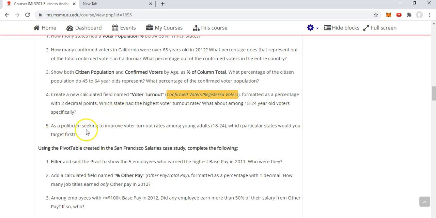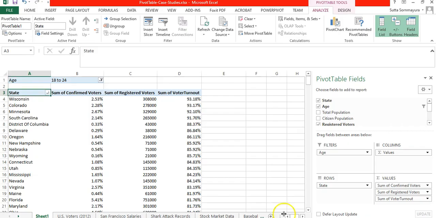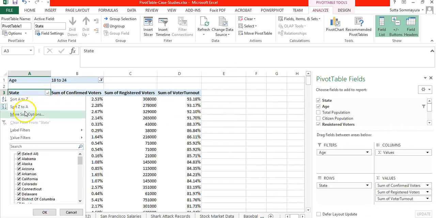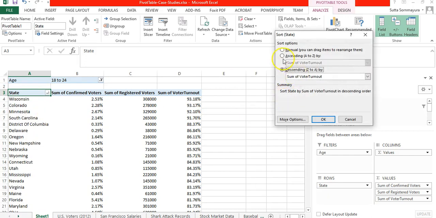And the next one is, as politicians seeking to improve the turnout rate among this group, what particular state should you target first? So you should target the state that has the lowest turnout rate, right? So in this case, you go back here and do sorting in ascending order.